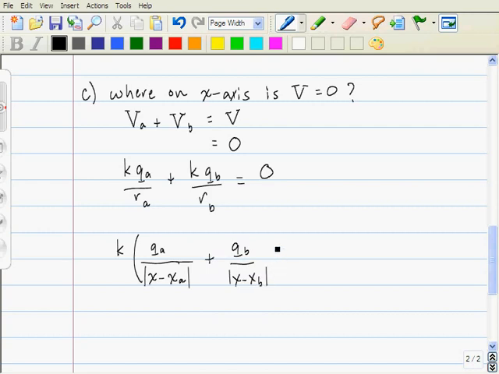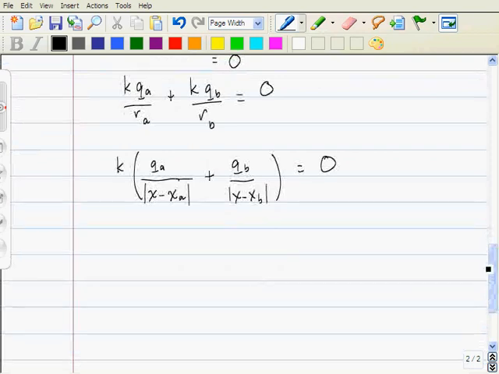is equal to 0. So it's pretty clear that Q sub A divided by the absolute value of x minus x sub A, plus Q sub B divided by the absolute value of x minus x sub B, is equal to 0.